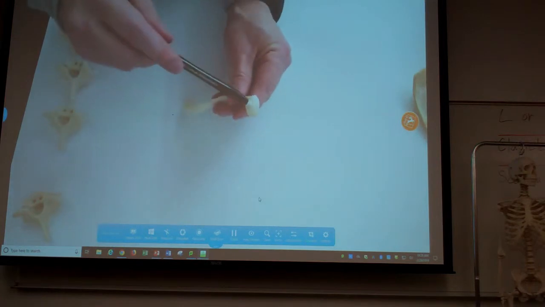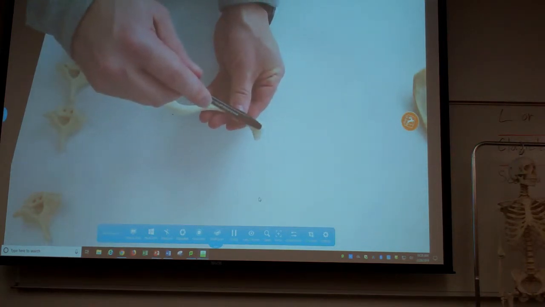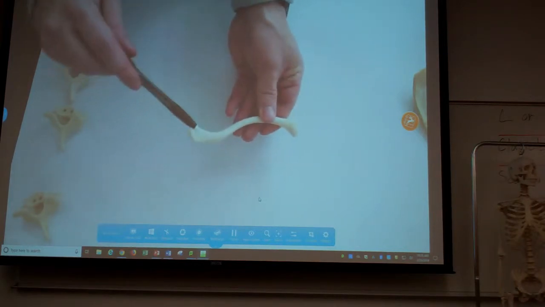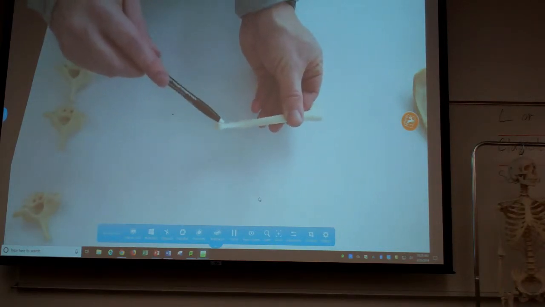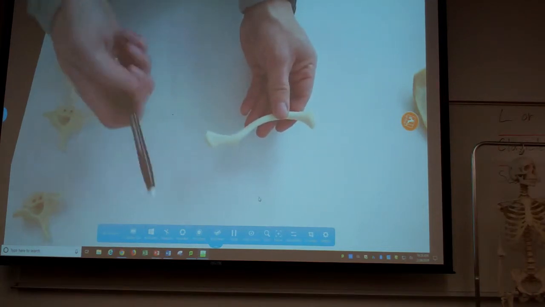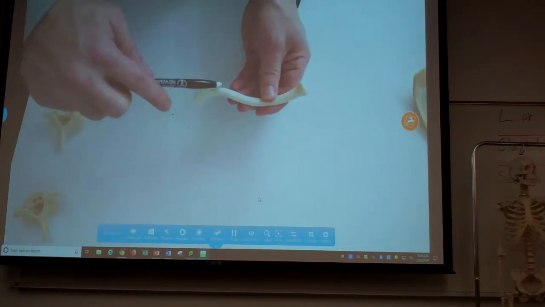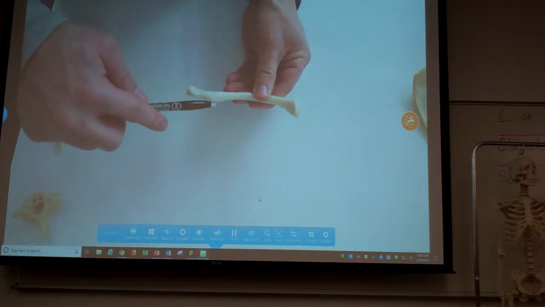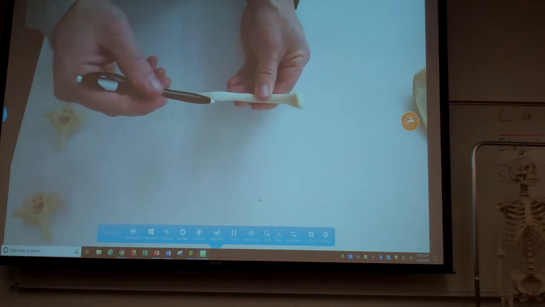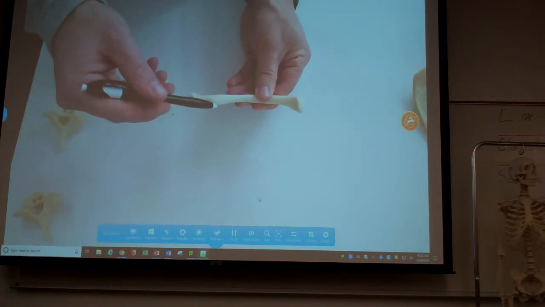I've got my big bulldozer end, that's the sternal end. You've got the spoon-shaped end, that's your acromion end. And here, this is actually a little better to look at, this right here is your conoid tubercle.